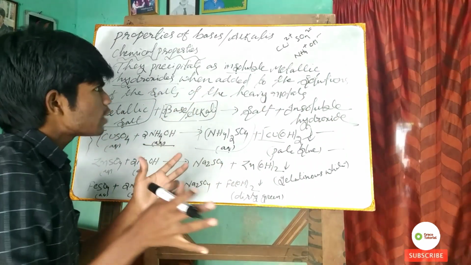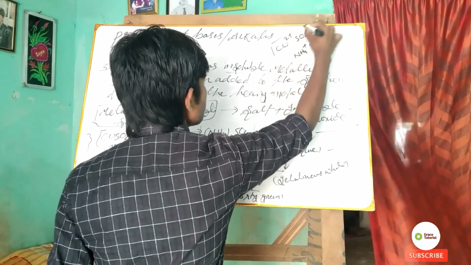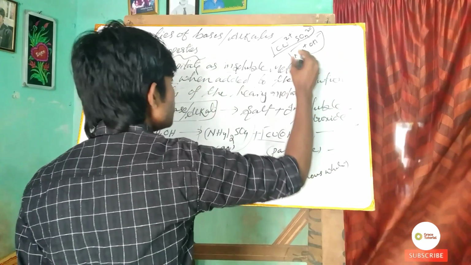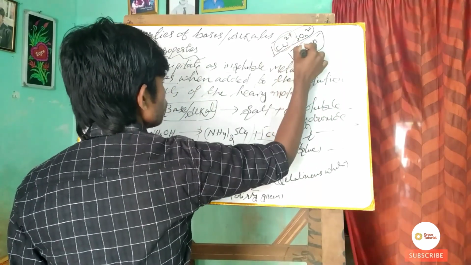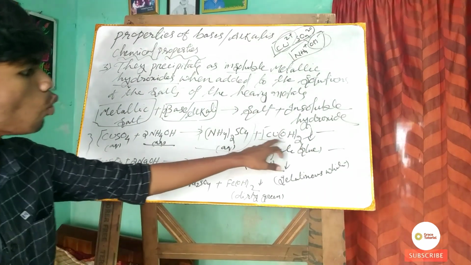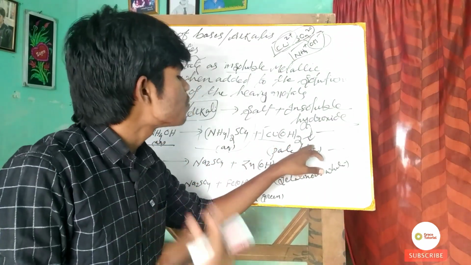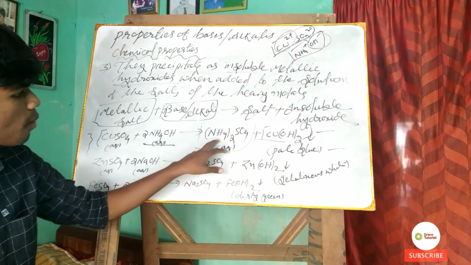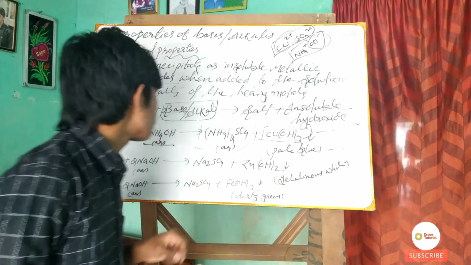So you already know that the positively charged part of this compound will react with the negatively charged part of this compound. That means the Cu2+ will react with the OH- ion to form Cu(OH)2, that is a precipitate which is pale blue in color. Similarly, the ammonium sulfate is obtained here.